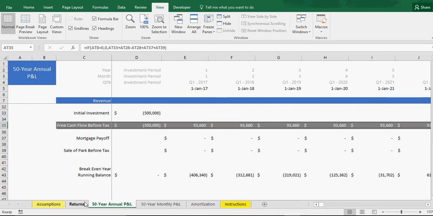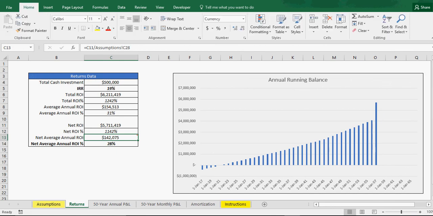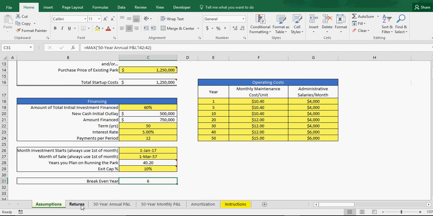So save that and let's see what our returns look like. Didn't change a whole lot, but did change. And that's it. And remember, this running balance is basically your net cash. So you put 600,000 out originally. It takes you a couple years to break even, and then after about, well, what is it, year 6?